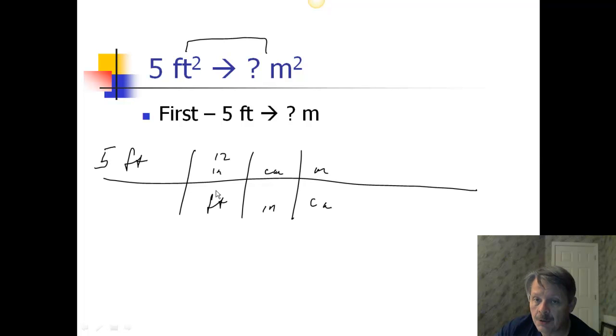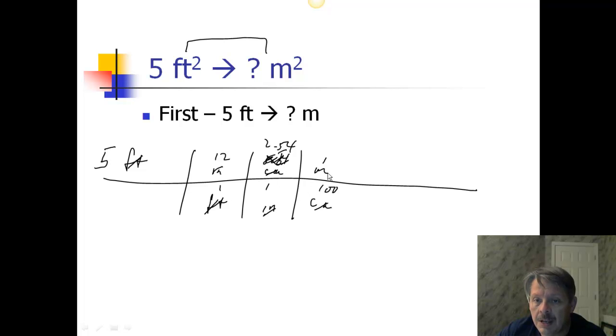I know there are 12 inches in a foot, and 2.54 centimeters in an inch, and there are 100 centimeters in a meter. So what have I done? I've converted from feet all the way to meters.